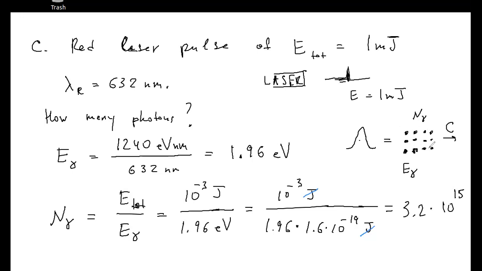You have a bunch of photons of certain frequency, of certain wavelength, and they have certain energy, and they move with the speed of light and interact with electrons from the metal plate. Okay, so we found the answer. Questions? It's 10 to the power 16. Makes sense, yes?